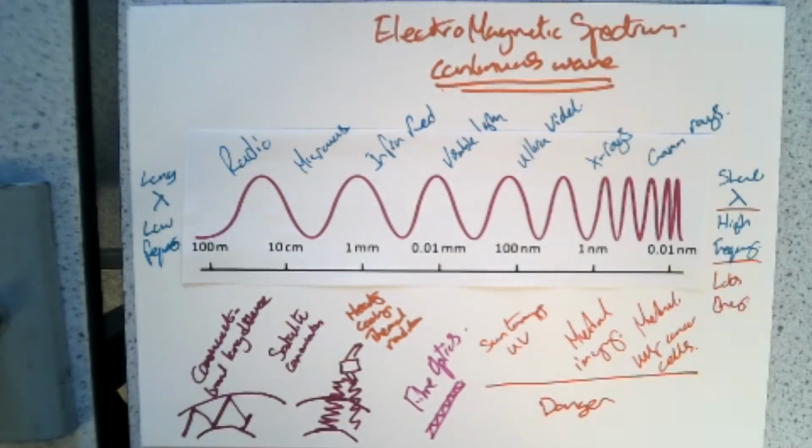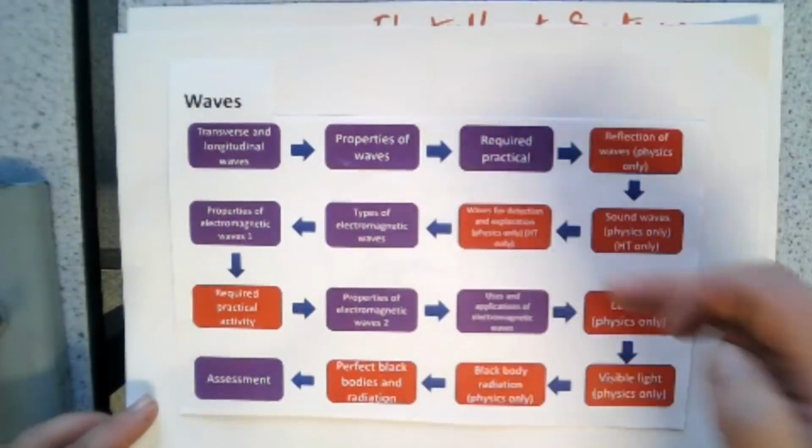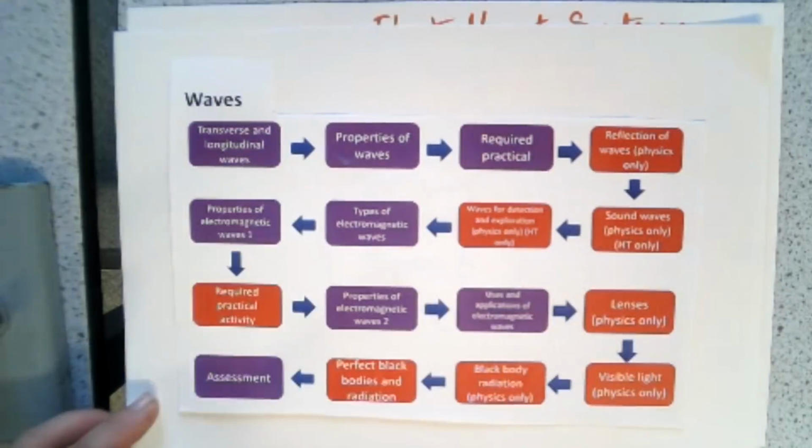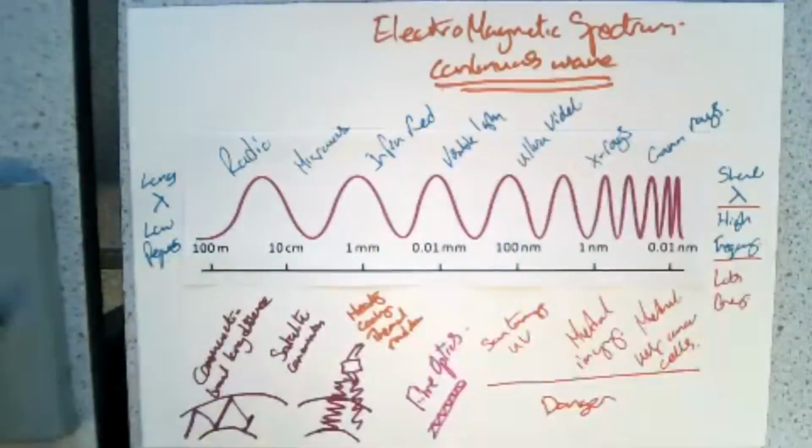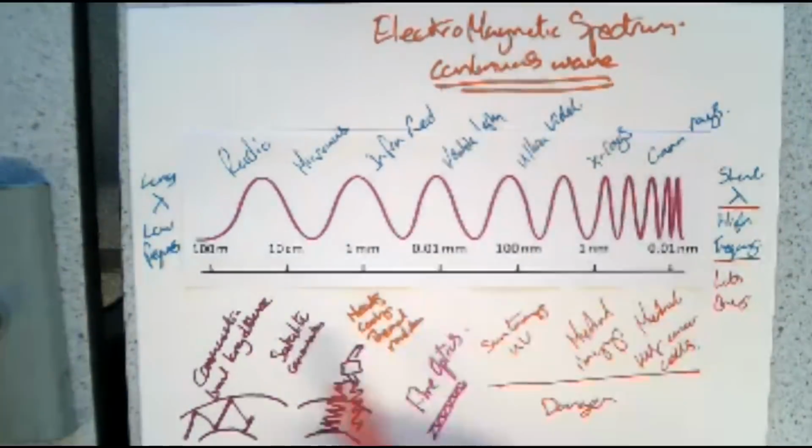Now, essentially, for Trilogy, Higher and Foundation, that is it for waves. I'm just going to show you again, for separate sciences, we've got all these extra red parts that we need to know. So just remember, you need to know your electromagnetic spectrum.